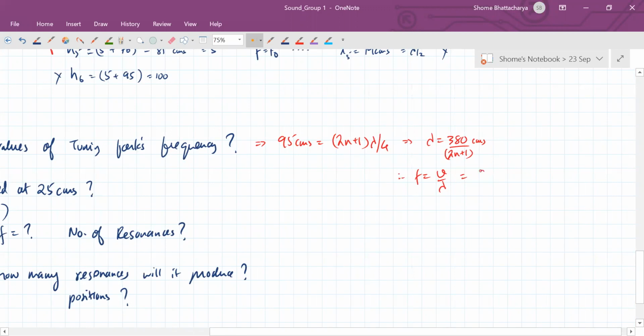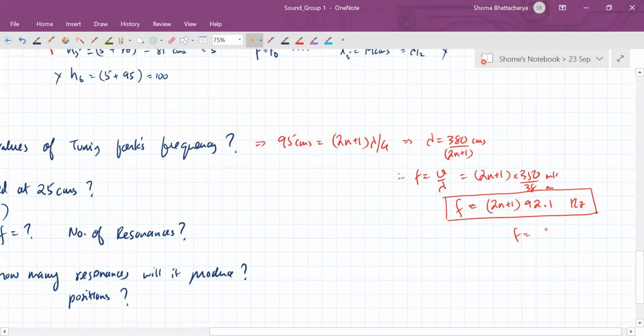So it will have to be of the type (2n plus 1) into 350 meters per second divided by 3.8 meters. So these are the possible values of frequency.